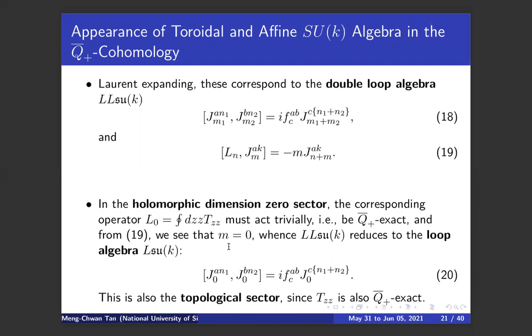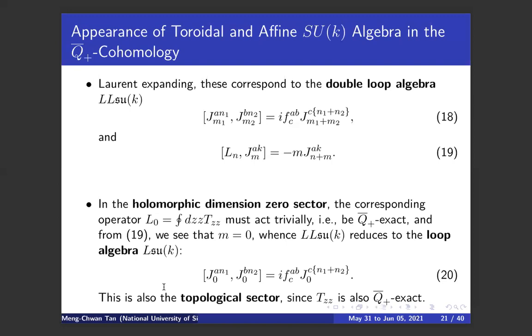So we see that M equals 0. And if you substitute M equals 0 in this here, then you see that the loop algebra reduces to just the usual affine algebra. The double loop just reduces to the loop algebra. So L goes to just L. And then this looks like the affine algebra.